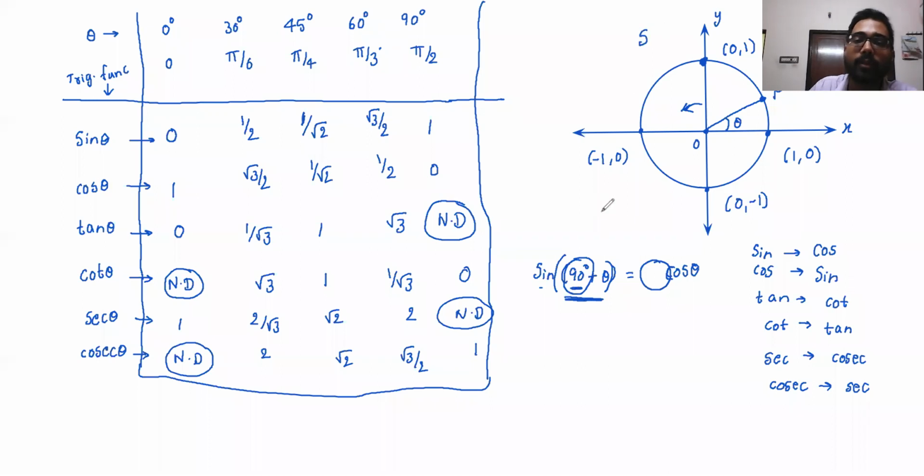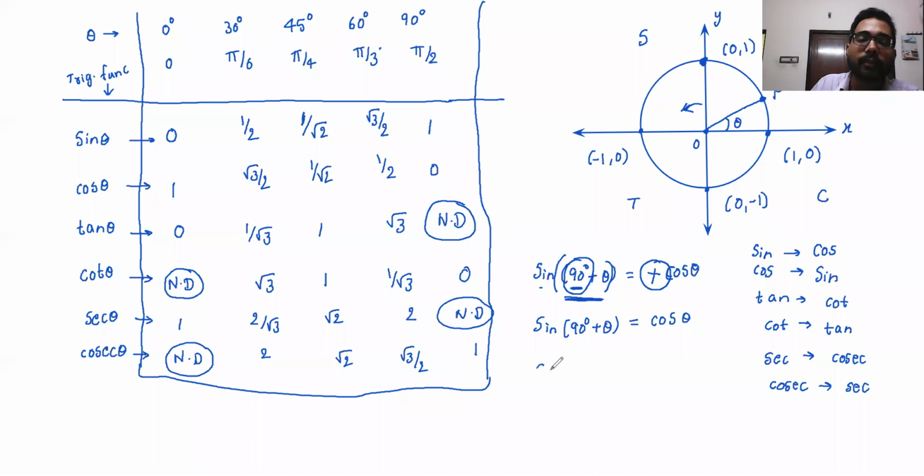So it is going to be positive, and we just put a plus sign. If it is a plus sign, we don't have to write anything. Sine of 90 plus theta is simply going to be cos theta.